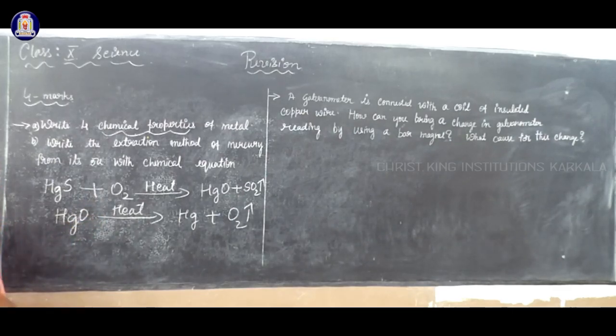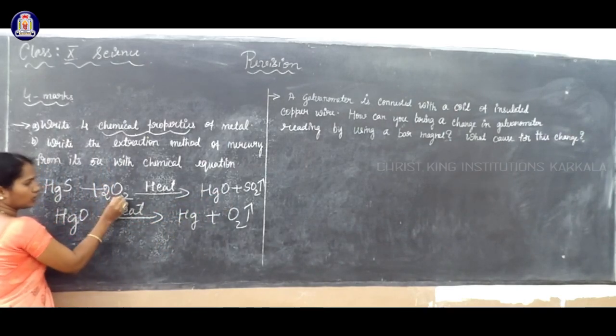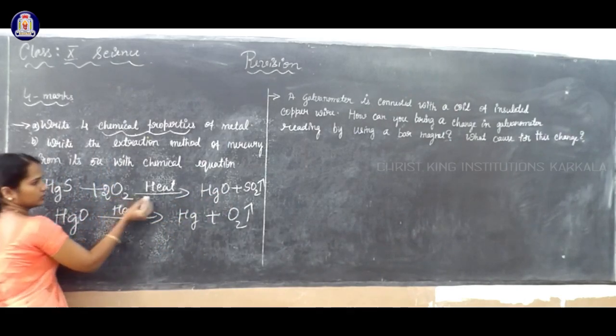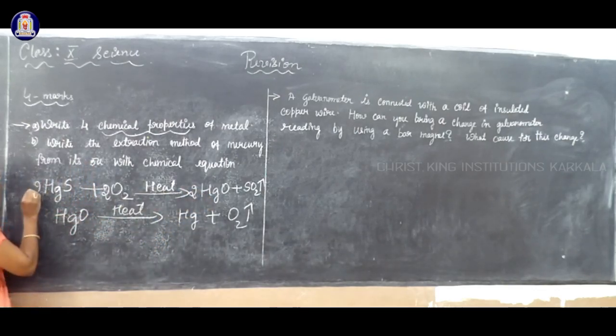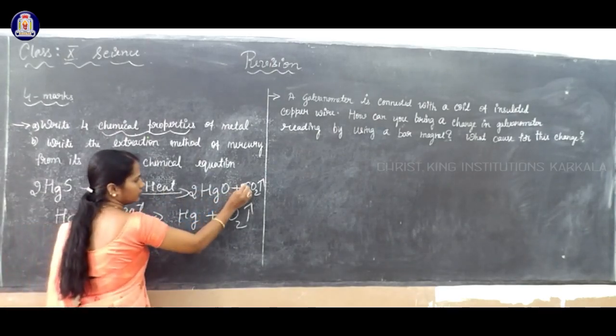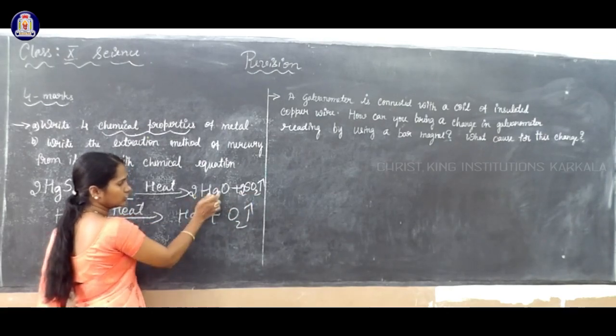Balance the equation. Here O2, here 2 plus 1, 3. If you write here 2, 2 oxygen, 2 2s are 4. So if you write one more 2 here, 2 Hg, 2 sulfur you will get. When you write 2 sulfur, 2 2s are 4 oxygen plus 2, 6 oxygen.